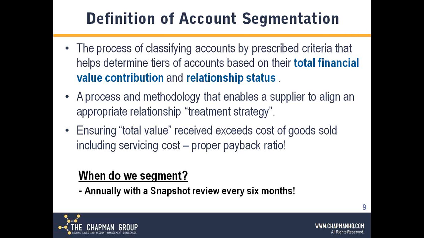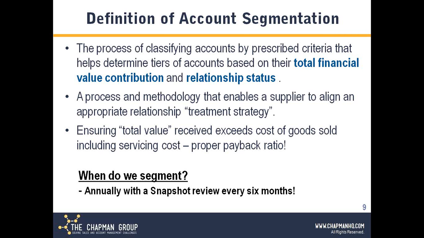Account segmentation is certainly a process, as you'll see shortly, and it should have some form of methodology, again, that I will demonstrate to you today. It should have critical methodology in how we ask the right questions and understand the relationship, and the results and the outcome should align and point us to some form of a treatment strategy.